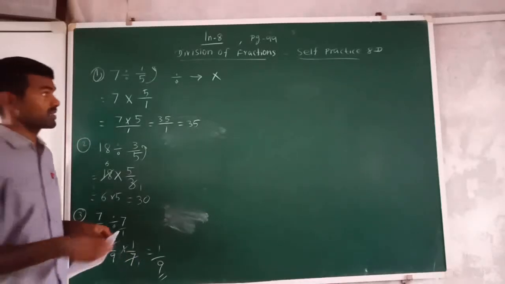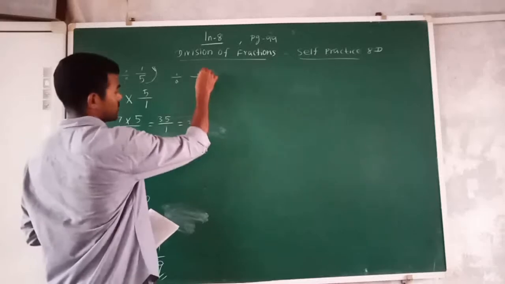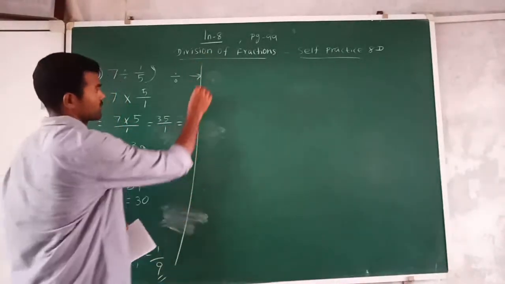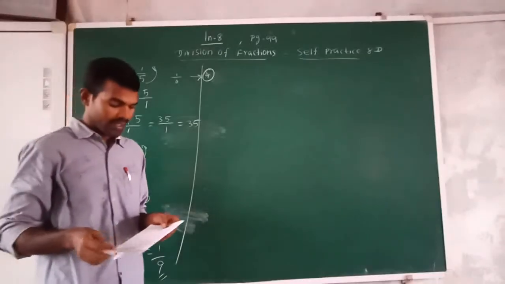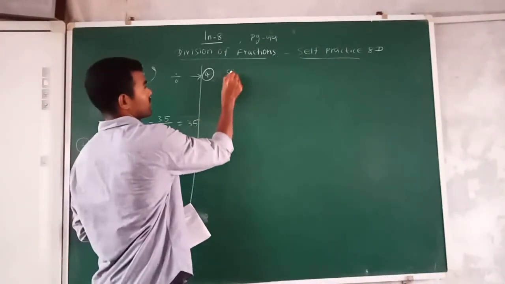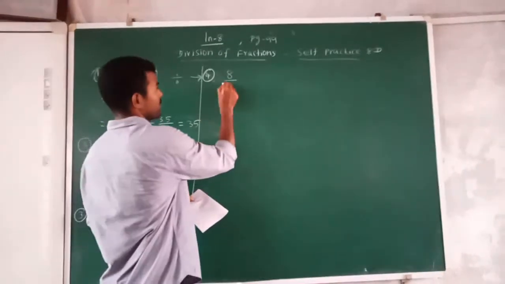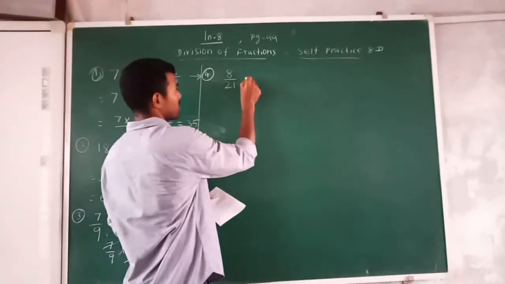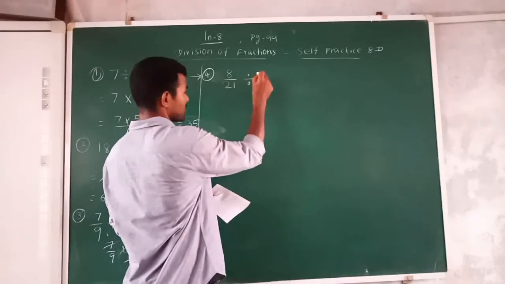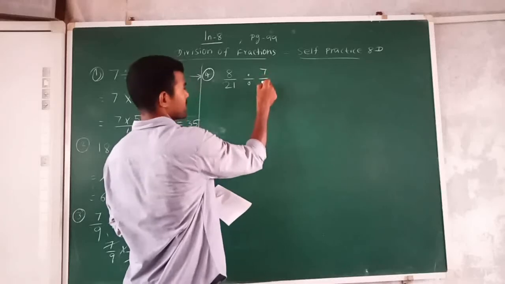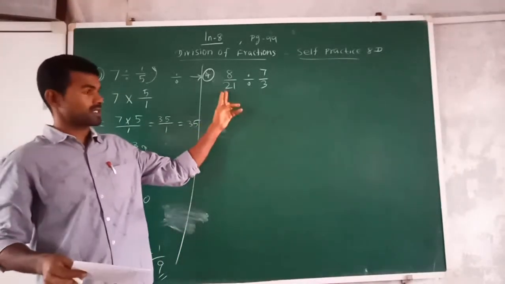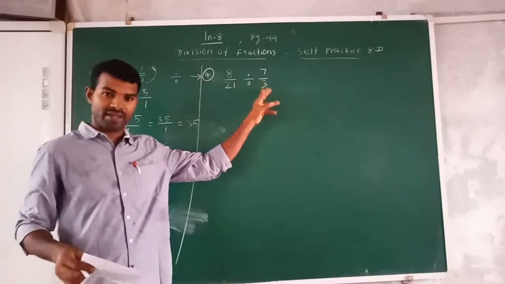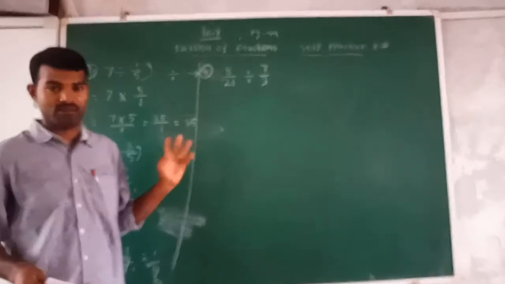Next, let us see question number 4, that is 8 by 21 divided by 7 by 3. Look at this question: fraction divided by fraction. Two fractions we have to divide.